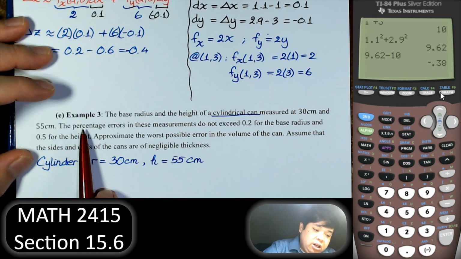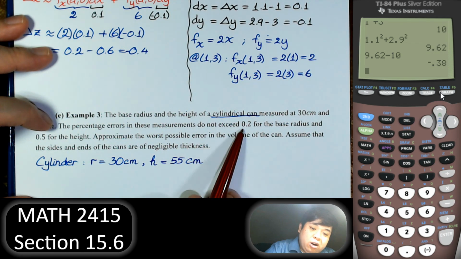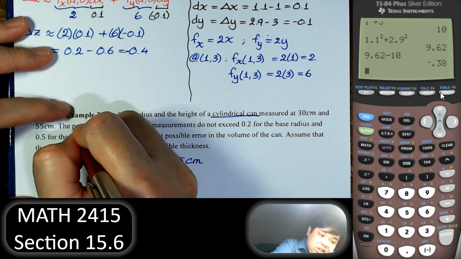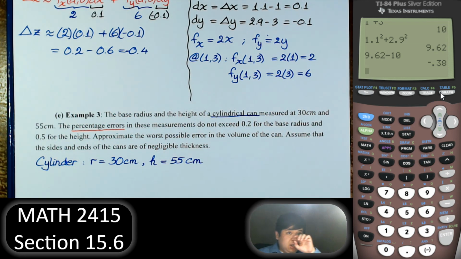The percent errors in measurement do not exceed 0.2. So this is the percent error, not the absolute error, meaning that in the worst case scenario it's going to increase or decrease by 0.2.